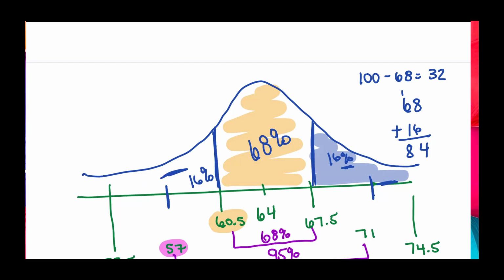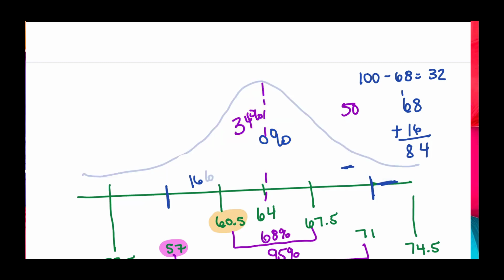The other thing that you could do is you could split this down the middle and say this is 34 and this is 34, right? Actually, what you could do is we'll just say the left side is 34, and then this whole side here is 50. So 50 plus 34 is also 84. So lots of different ways to get those numbers.